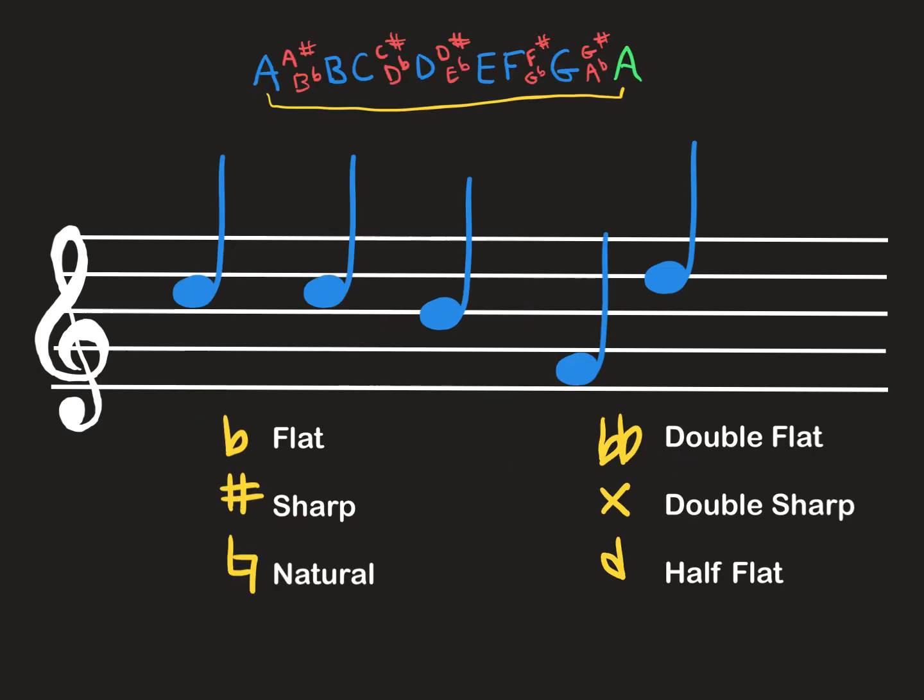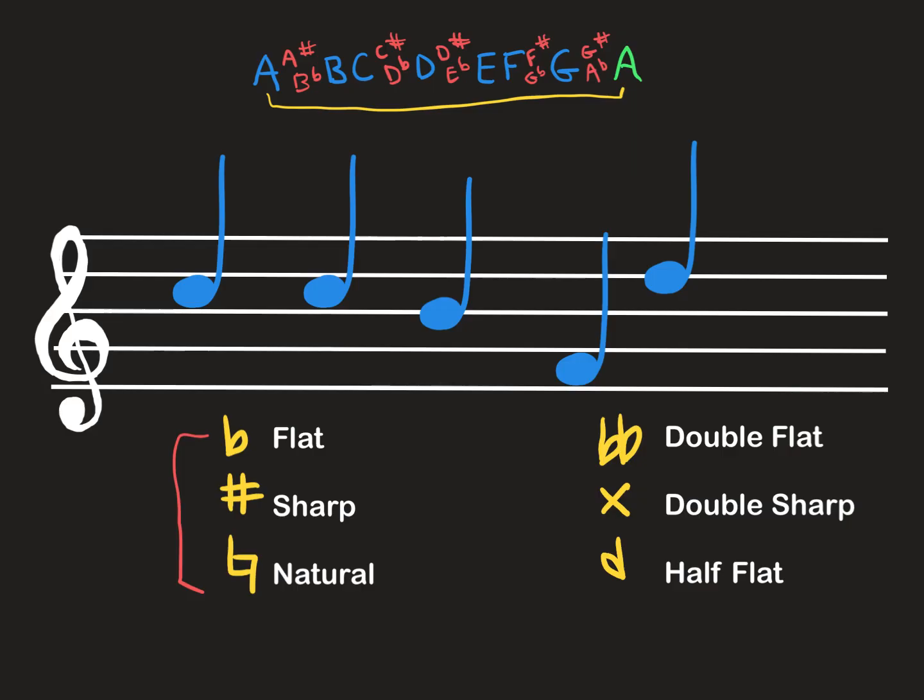Now we have to talk a little bit about accidentals. So now that we know how to read the notes on the staff, we may run into instances where there may be accidentals present. Those are marked with particular symbols. These are the most common symbols that you're going to note. This little B looks like a flat.